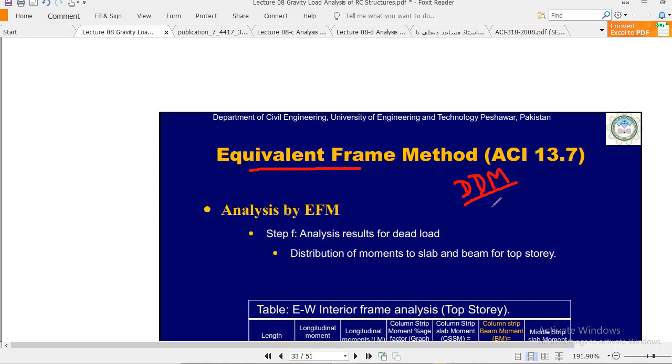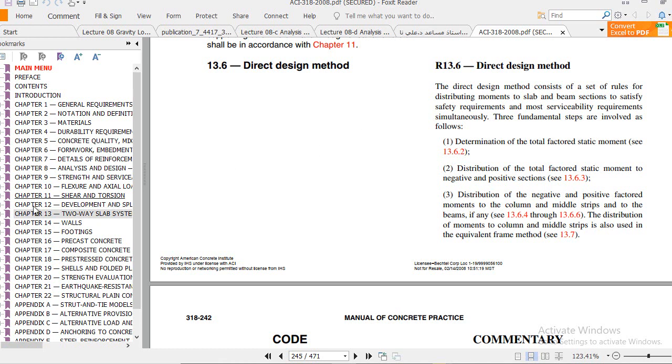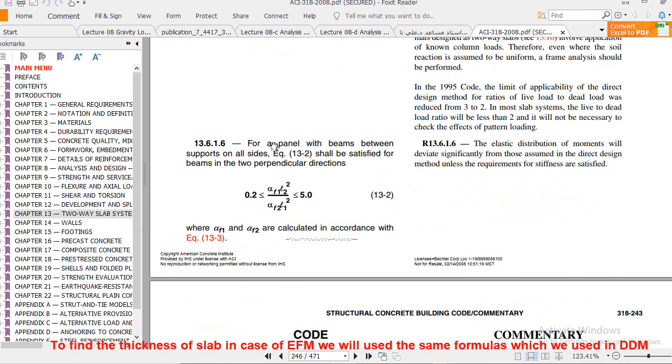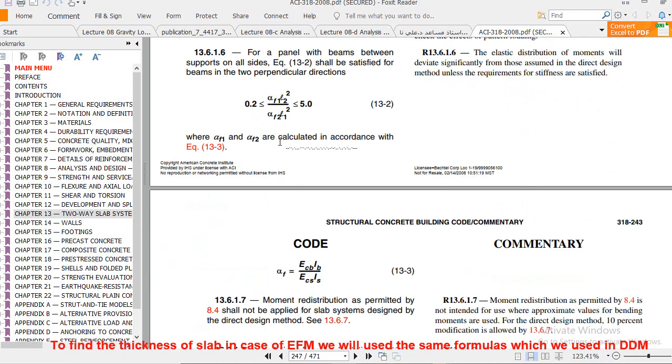Whenever we are fixing the member sizes and slab sizes, we use all the concepts used in the DDM method. In the ACI code, chapter 13 is totally allocated to the DDM method and equivalent frame method, and how to determine the slab thickness and all these things.